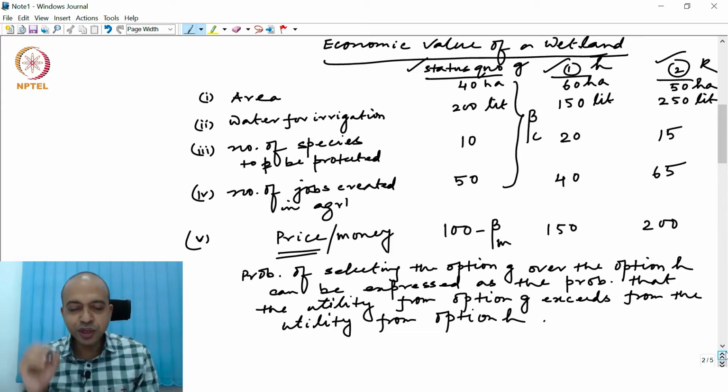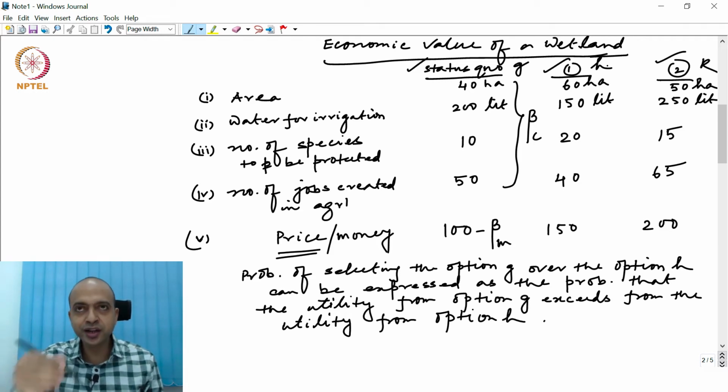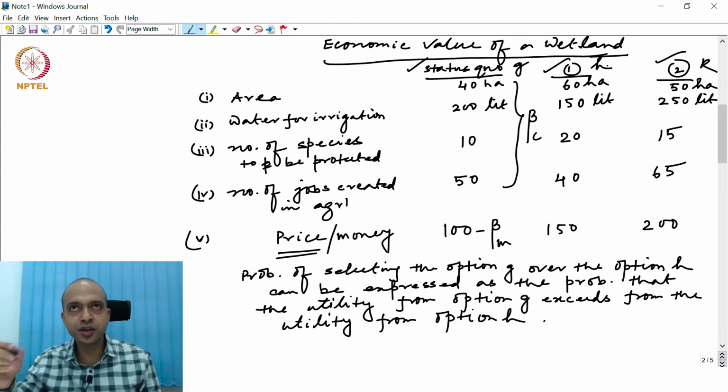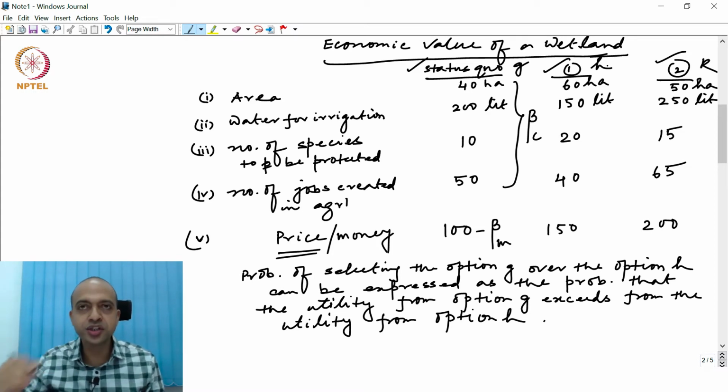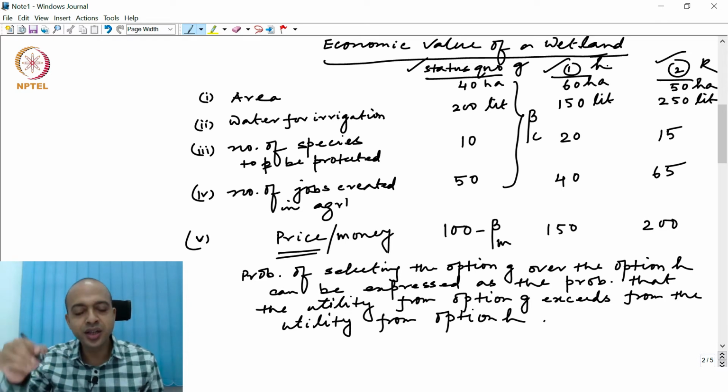Here, if we believe that whether the respondents will select the status quo, scenario 1 or scenario 2 depends only on the characteristics of the choices, then this model is called the conditional Logit model. Whether I will select this depends only on the level of the attributes.